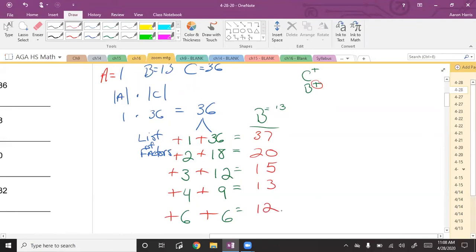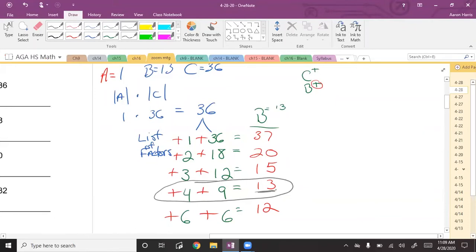Which set of factors equals out to 13? You have to pick one that's on your list. So 4 and 9 equal 13, correct?